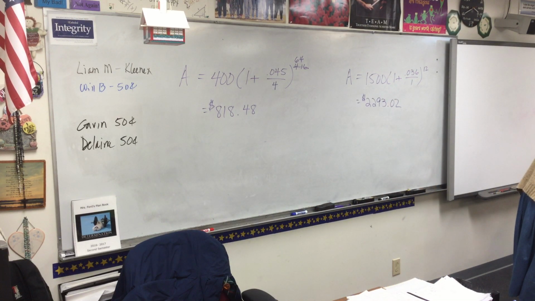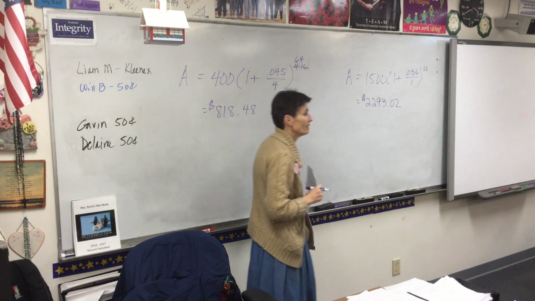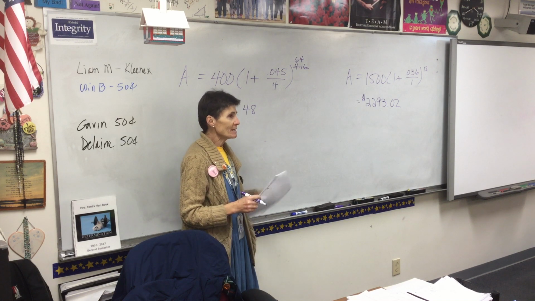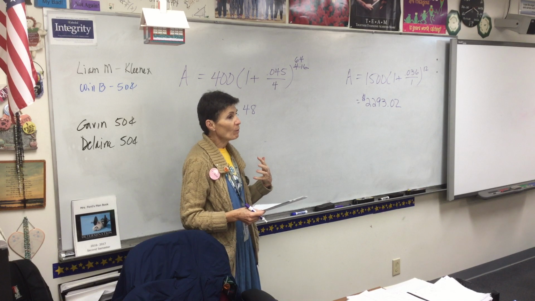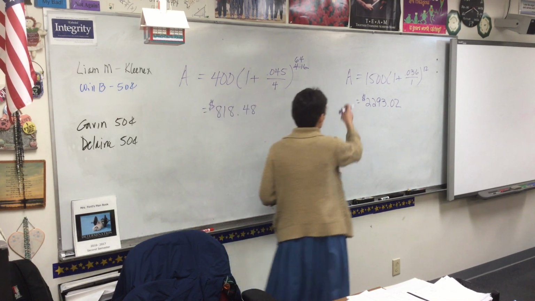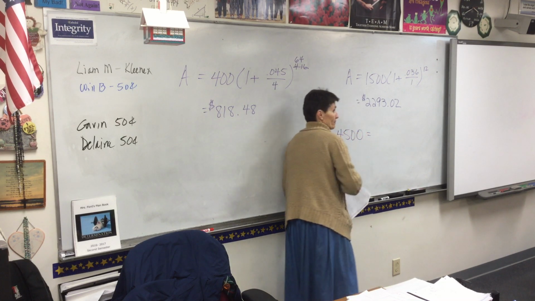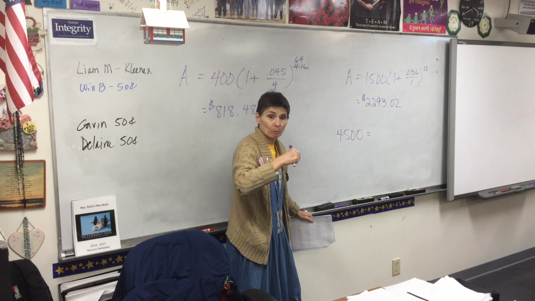Now B is the interesting one. How long will it take him to triple his investment? Now, what does that mean? If we want him to triple his investment, we want him to end up with $4,500. We know how much we want to end up with.